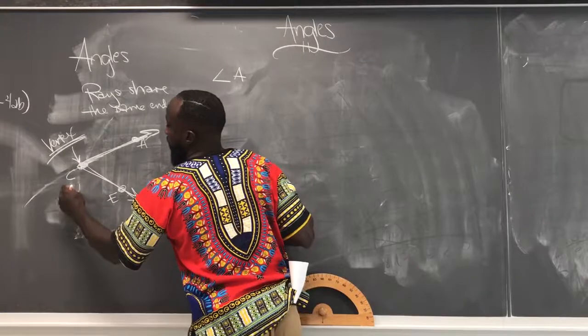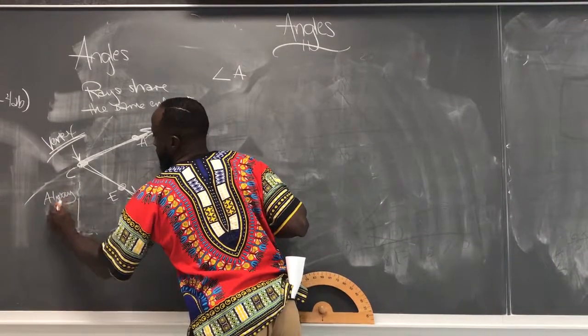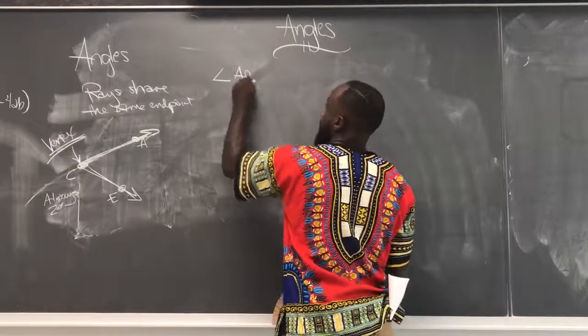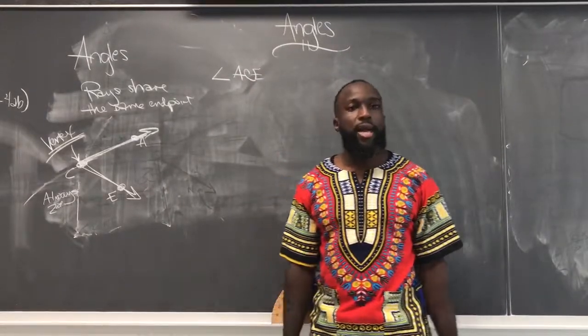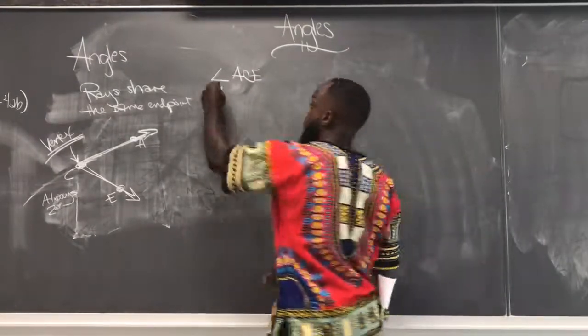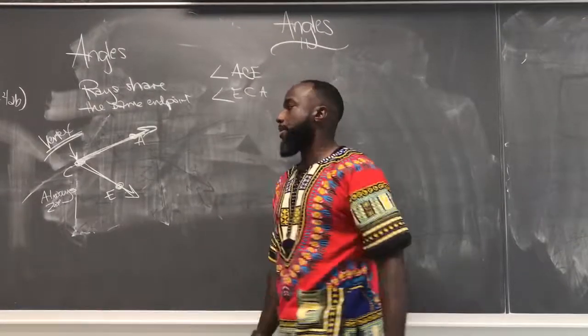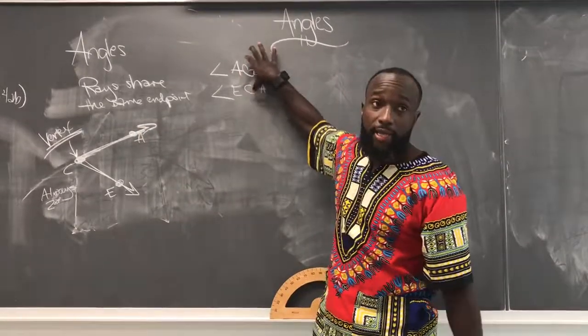C, the vertex, is always second. And the other outside point is third, ACE, right? Or you can name it the other way around, E, C, A, right? So you can go this way, as long as the vertex is second.